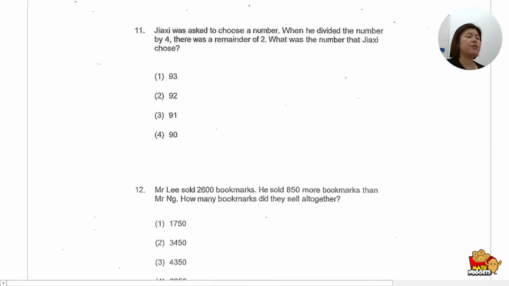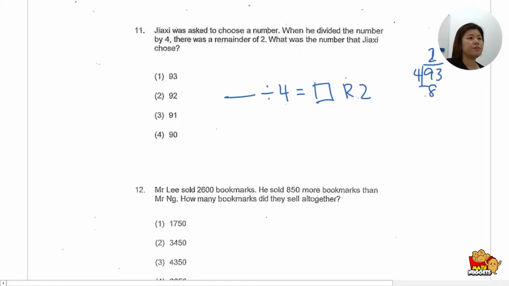Okay, Jiaxing was asked to choose a number. When he divides the number by 4, they will have an answer with a remainder 2. Okay, so let's give a try. Randomly, 93 divided by 4. I have remainder 1.